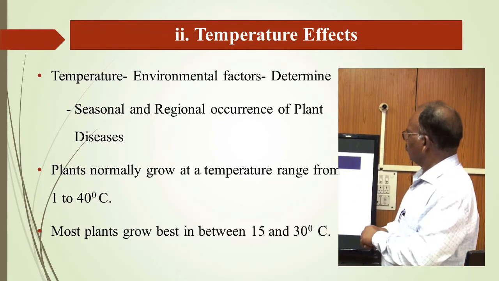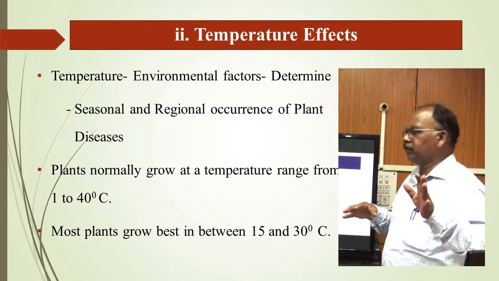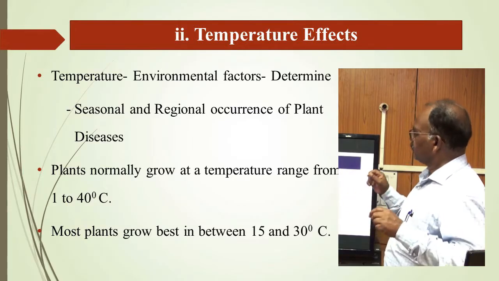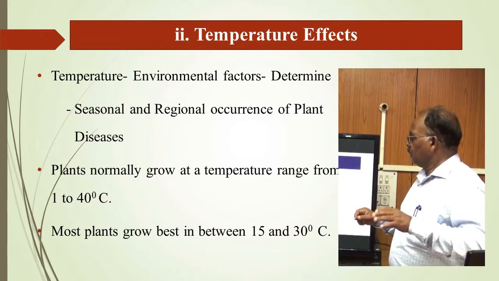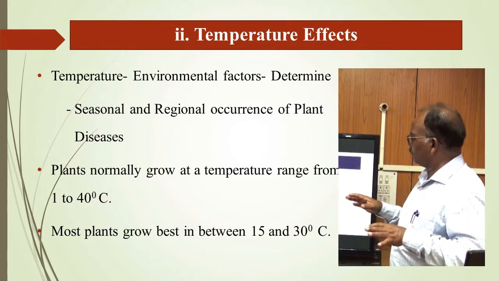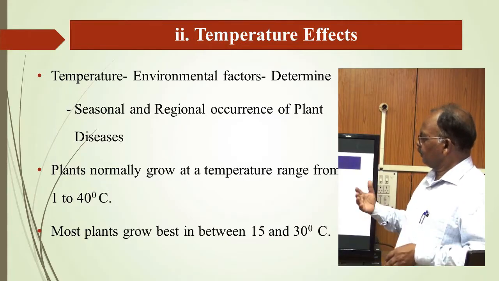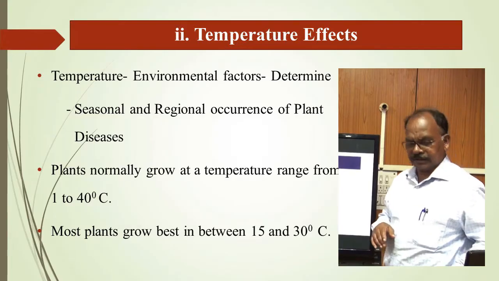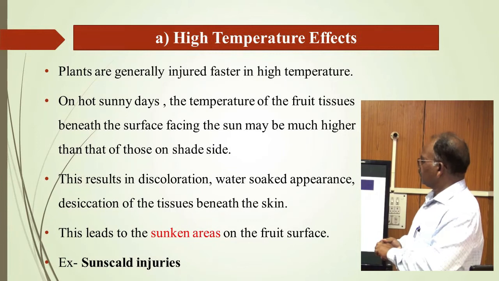Next one is temperature. What are the effects of temperature on plant diseases? As you know, temperature is the most important environmental factor which determines the seasonal and regional occurrence of plant diseases. Plants generally grow at a temperature range from 1 to 40 degrees Celsius, and most plants grow best between 15 and 30 degrees Celsius. At high temperature, plants are generally injured faster.